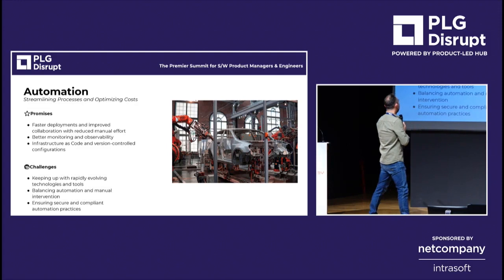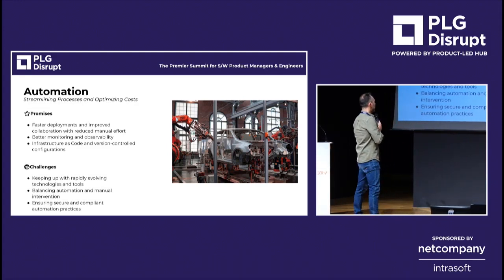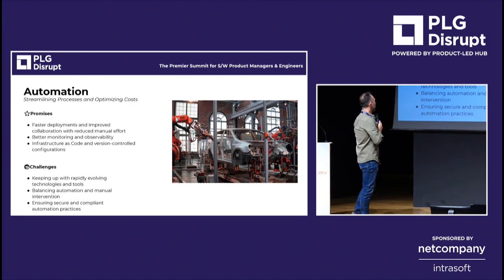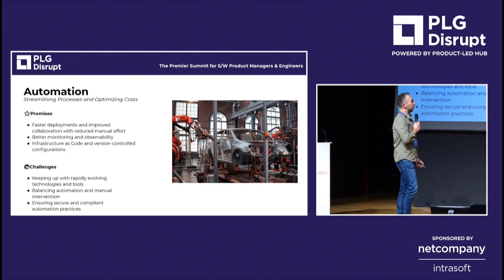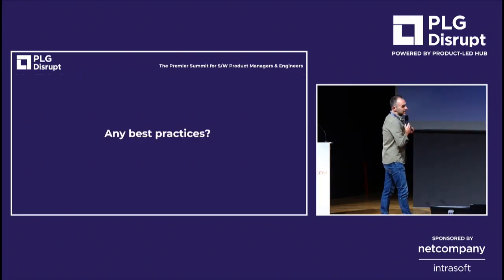The challenges here are that we have to keep up with very rapidly evolving technology and tools. We also have to balance between automation and manual intervention, and ensure that any artifact that we build on this automation layer is secure and compliant enough in order to avoid any critical issues. So a lot of challenges.